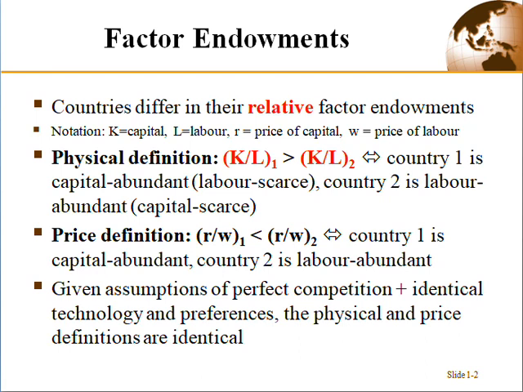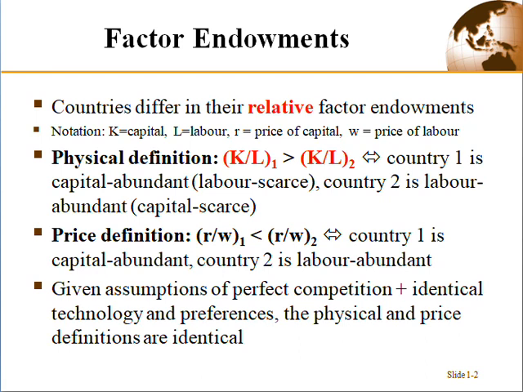I remember where we stopped in our lecture 2, that factor endowment theory brought in the place of capital as well as labor. So there are two key definitions here you need to note. We have the physical definition and the price definition. The physical definition talks about the factor itself, whereas the price definition talks about the price of the factor.